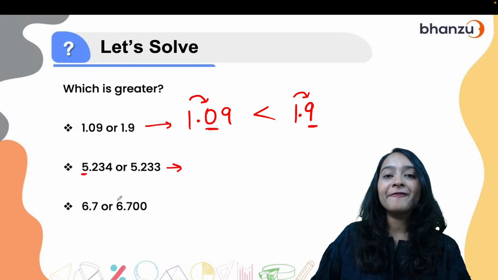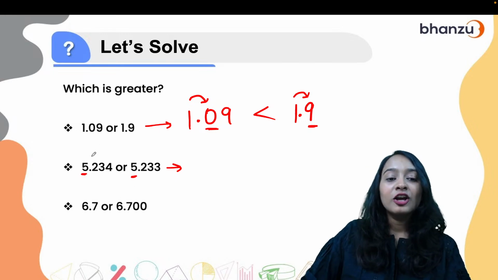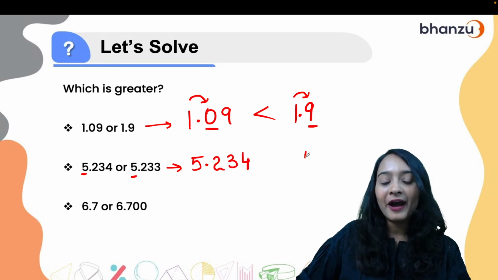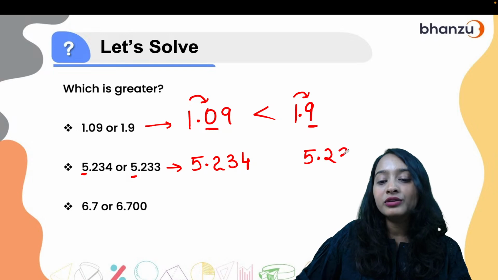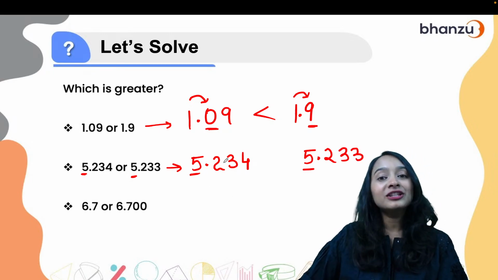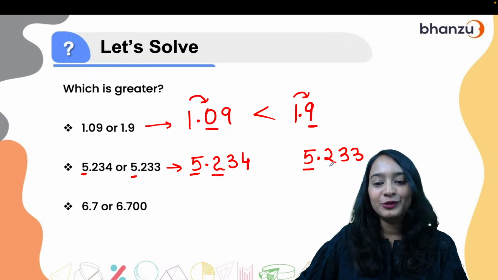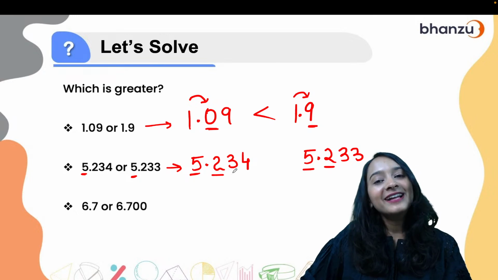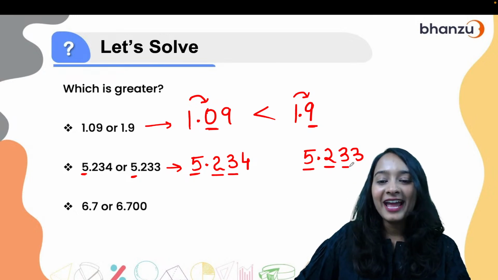Alright. Now what about this? Here also you have 5. Here also you have 5. So we hop on to the next number. So here you have 5.234 and here you have 5.233. So 5, 5. We hop on to the next number. 2, 2. It's again the same. So we hop on to the next number. 3 and 3.